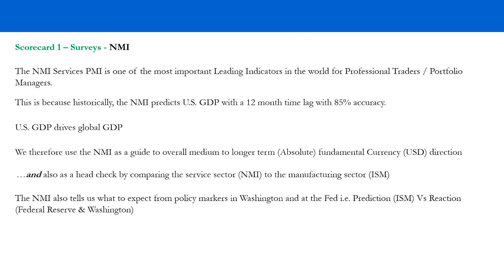So just a quick rundown before we continue to build out our endogenous process. What we've done here is look at two very important surveys in the United States with the intention of predicting what's going to happen in the US economy in 12 to 18 months' time. The reason we're doing that is because we want to predict whether in 12 to 18 months' time there's going to be inflationary or deflationary conditions.